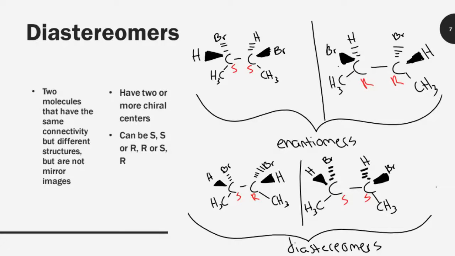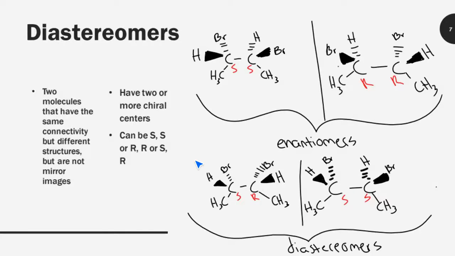So these 2 are enantiomers because I have SS and RR, which means these are mirror images. But if I have SR and SS or like RR, SR, they won't be mirror images anymore, but they'll still be isomers because they have the same connectivity. So we call those diastereomers. Again, that's not really that important.